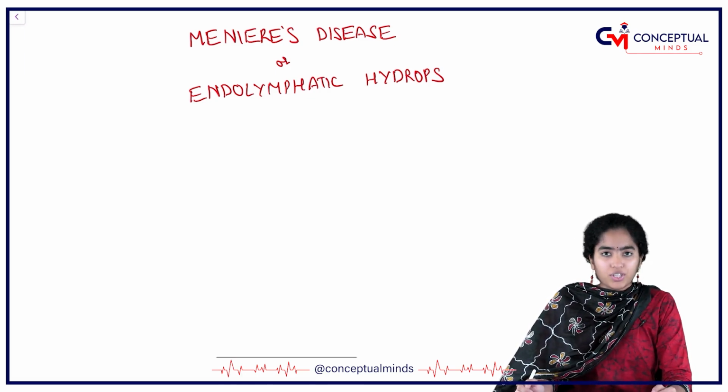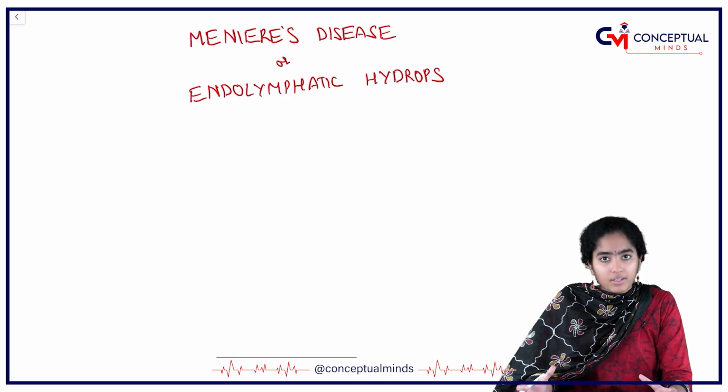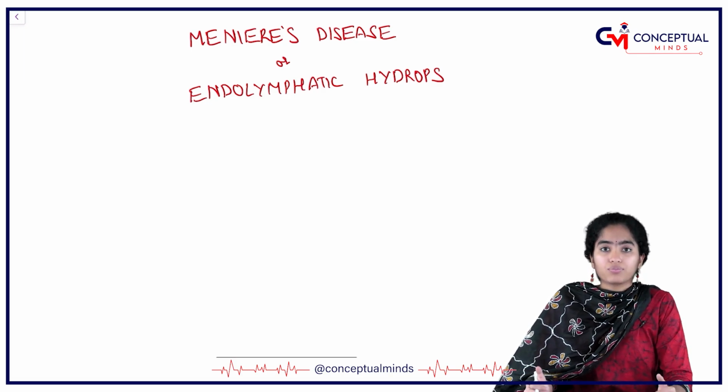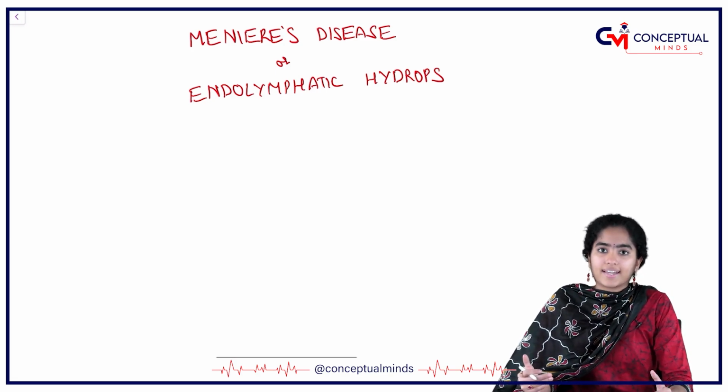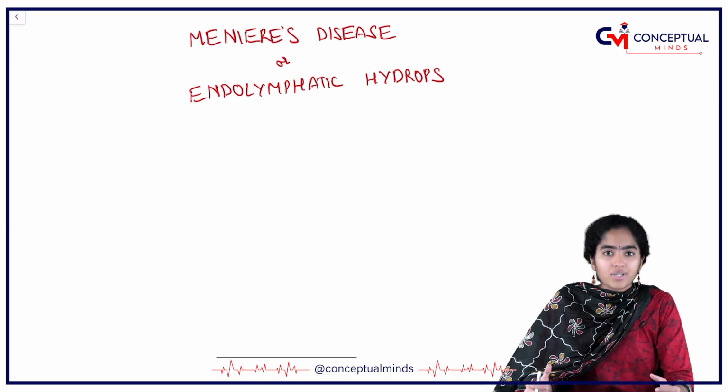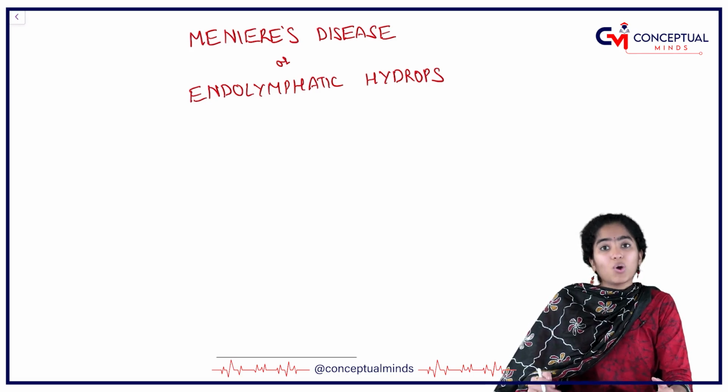One important feature is they are all filled with endolymph. Endolymph is similar to the intracellular fluid in its constitution. Outside the membranous labyrinth, in the space between the bony labyrinth and membranous labyrinth, we have the perilymph. In the scala vestibuli and scala tympani, the perilymph is flowing, and perilymph is similar to extracellular fluid in composition.